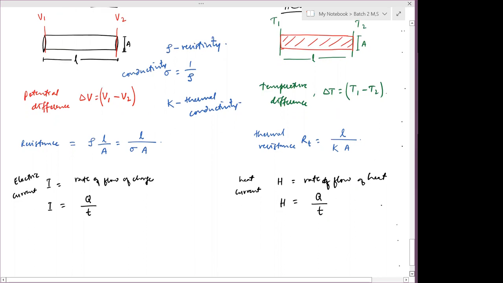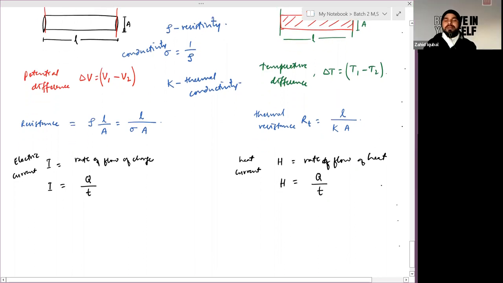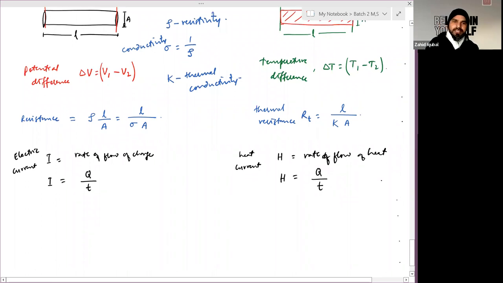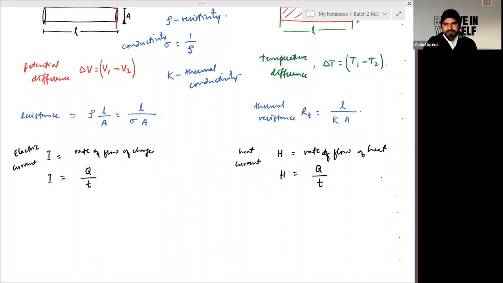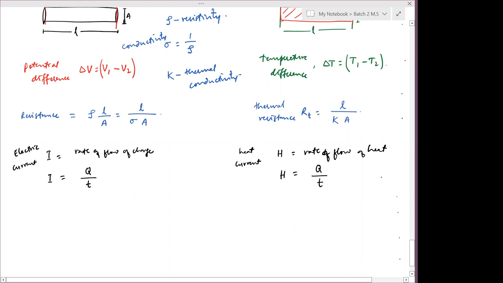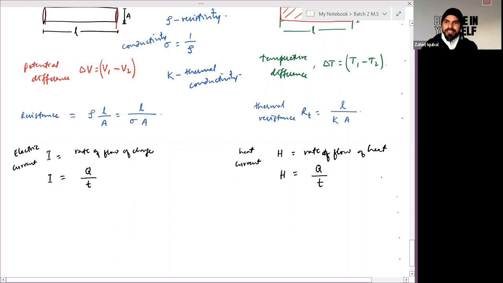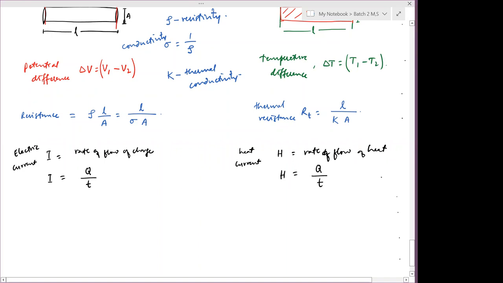Okay. Now you must have learned about Ohm's law in class 10th. Samira, just define what you mean by Ohm's law? Samira, any idea? Sir, I only know the equation.